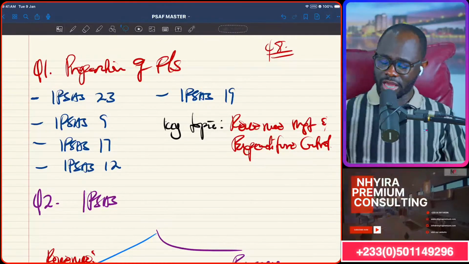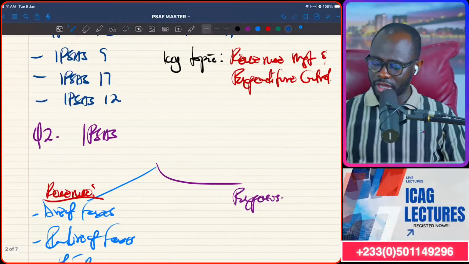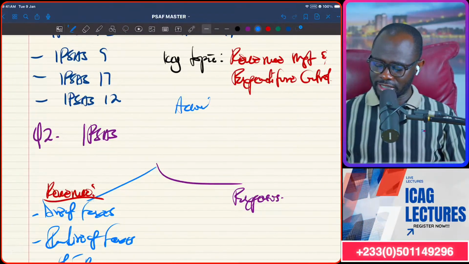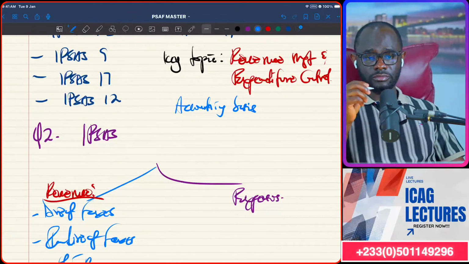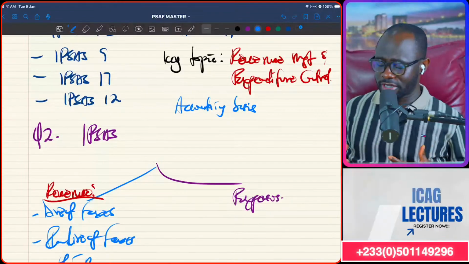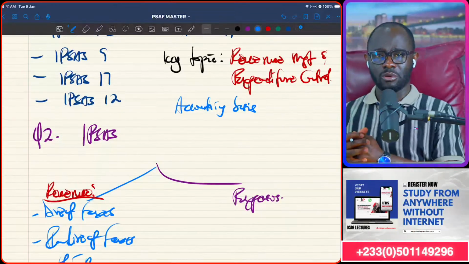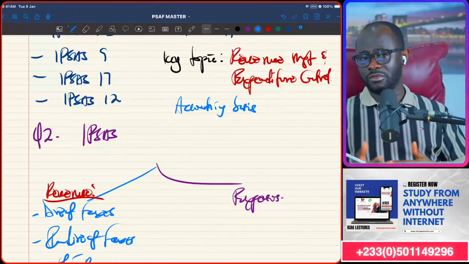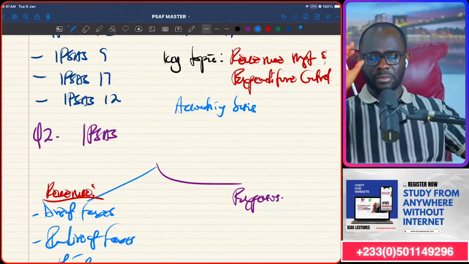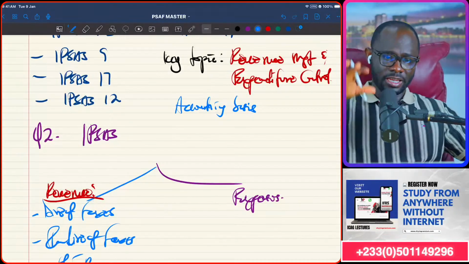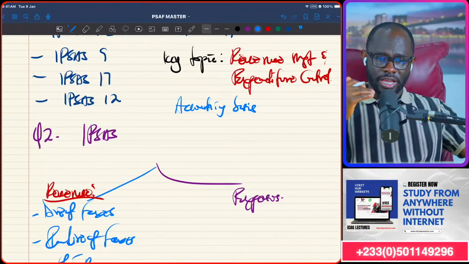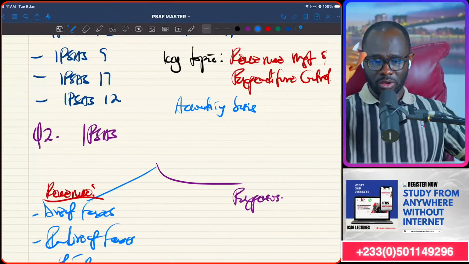But in addition to that, it is important you know the accounting basis that we are using to prepare the financial statements. Here in the question, we are using accrual basis. What does that mean? It means all revenue and expenditure will be recognized, whether we've received it or not. If we are preparing a cash flow statement, then we will recognize only the cash that has been received or paid.